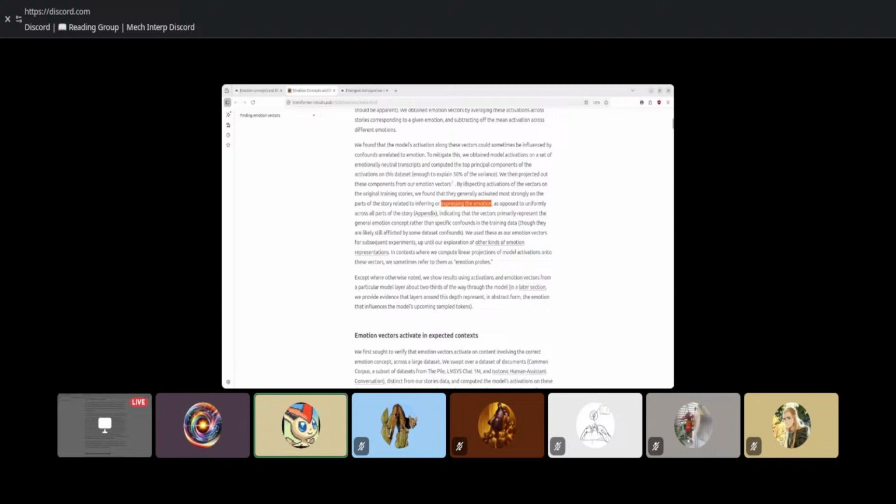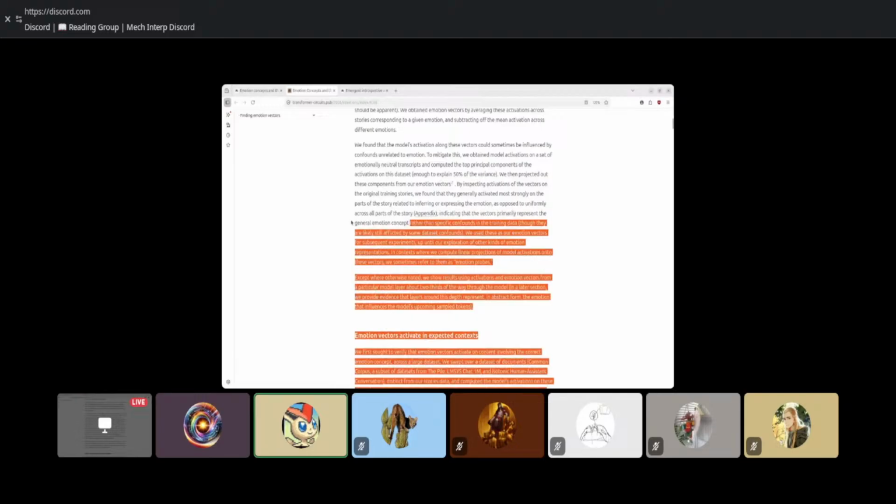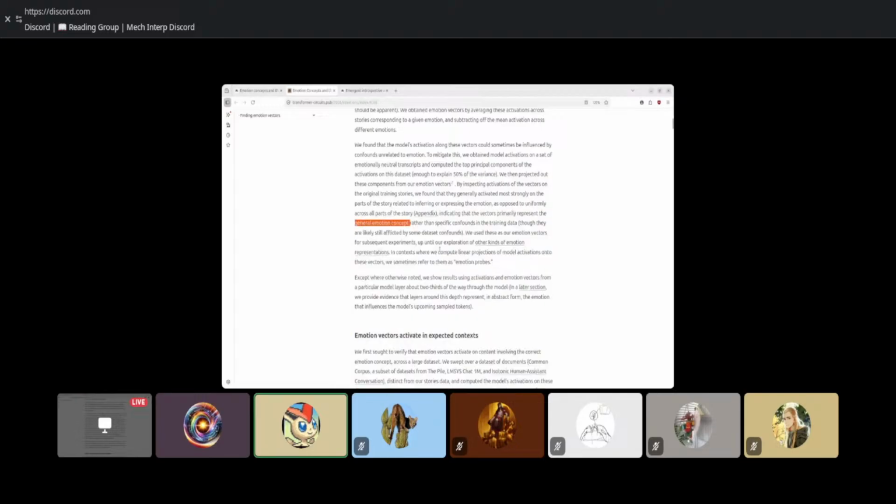I wonder how they activate when the model is trying to lie or pretend it's calm when it's actually anxious, something related to evaluation awareness and that kind of thing. I don't think it's actually a general emotion concept. Instead there are maybe some more granular things.